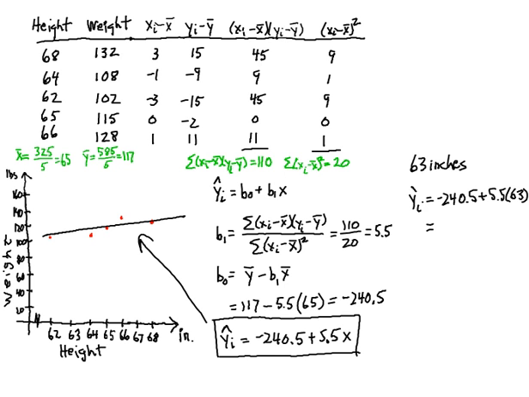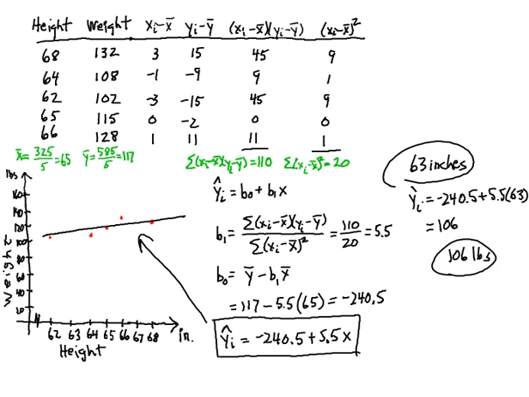And if I do the calculation there, I get 106. So 106 pounds. So 63 inches tall would correspond to 106 pounds based on all the data that I collected. That would be the predicted amount.